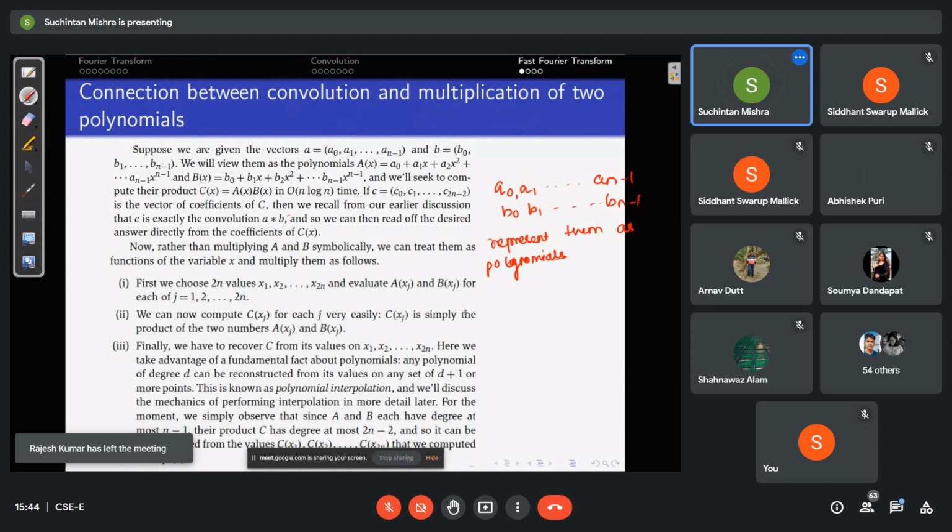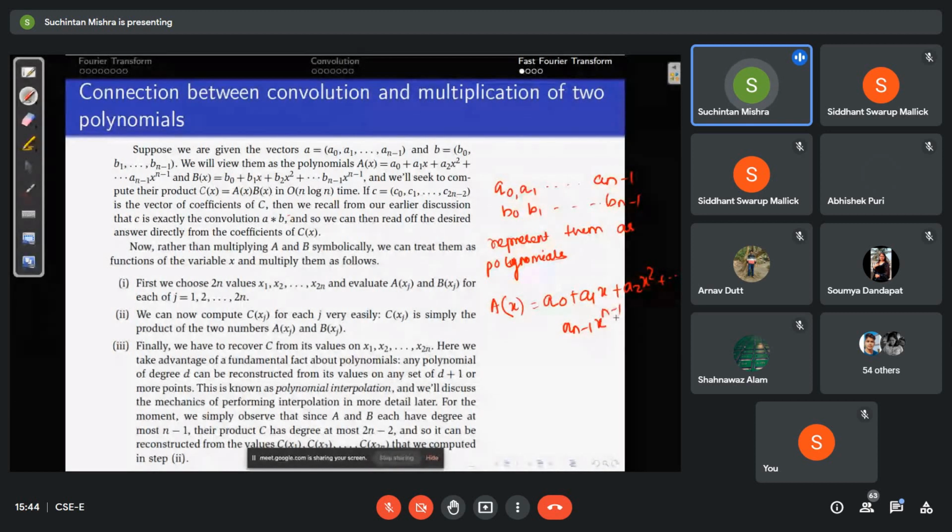Okay. Now, let us represent them as polynomials. A of x is equal to a0 plus a1x plus a2x square plus dot dot dot a n minus 1 x to the power n minus 1.